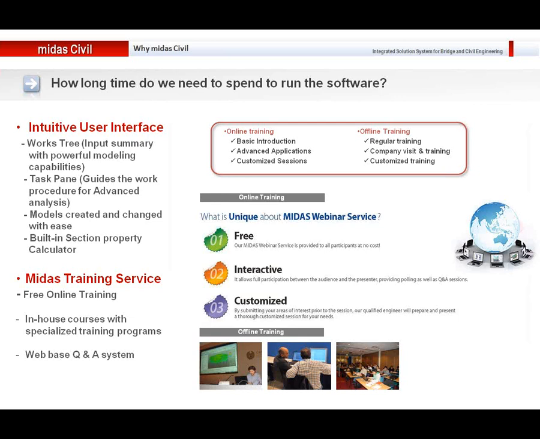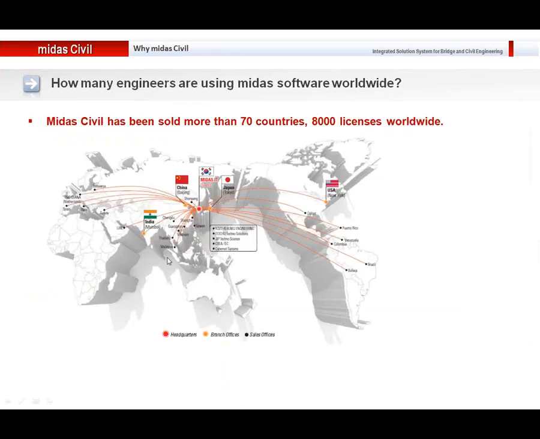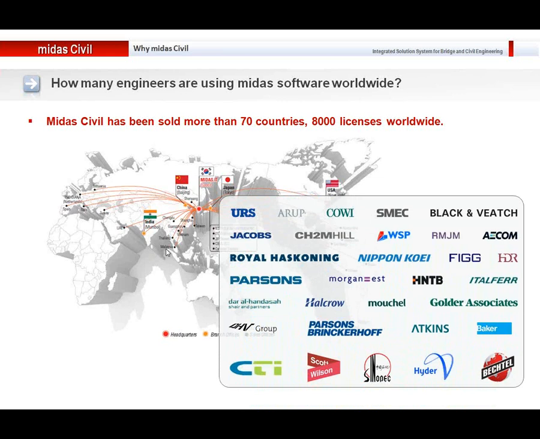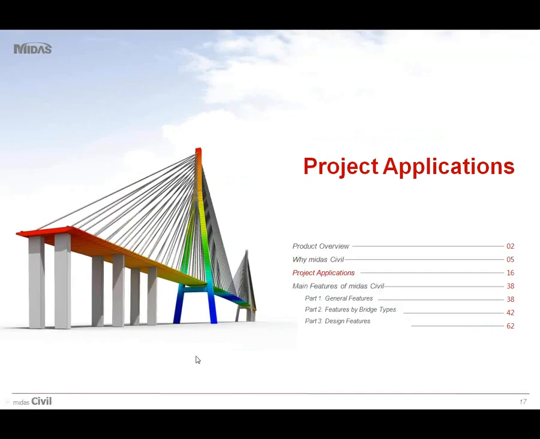Then within 24 working hours, we will get back to you with the answer to your queries. MIDAS server has been sold in more than 70 countries, with 8,000 licenses worldwide, and a lot of world-leading engineering companies are users of MIDAS server.